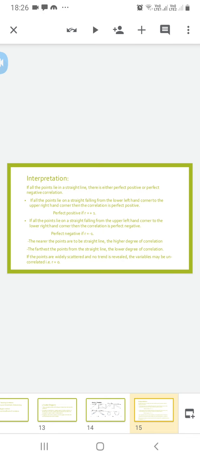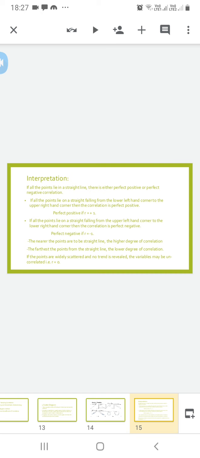Interpretation. If all the points lie in a straight line, there is either perfect positive or perfect negative correlation. If all the points lie on a straight line rising from the lower left hand corner to the upper right hand corner, the correlation is perfect positive, that is, r is equal to +1.